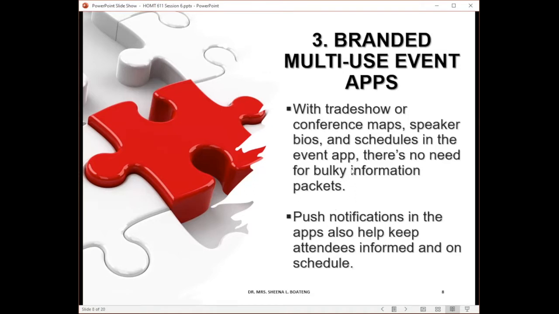Also, like I said, with trade shows or conferences, these apps can provide valuable information to event attendees or participants. For instance, the maps of the location can be pre-uploaded into the event app, as well as the biographies of each of the speakers, and the event schedule, such that once the person installs the app, they will automatically have access to the maps of the venue to locate important sections at the event venue.